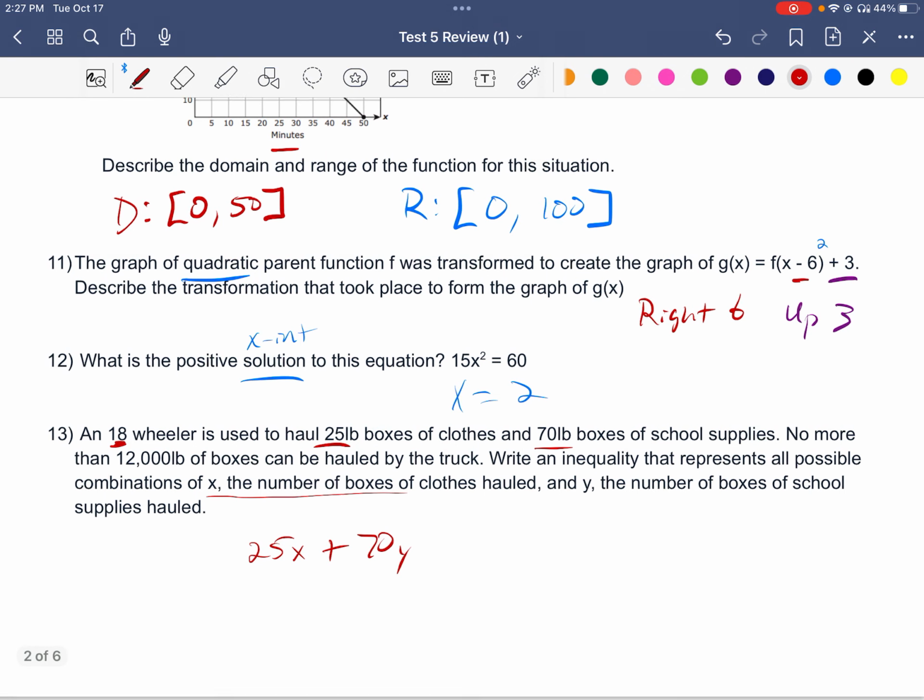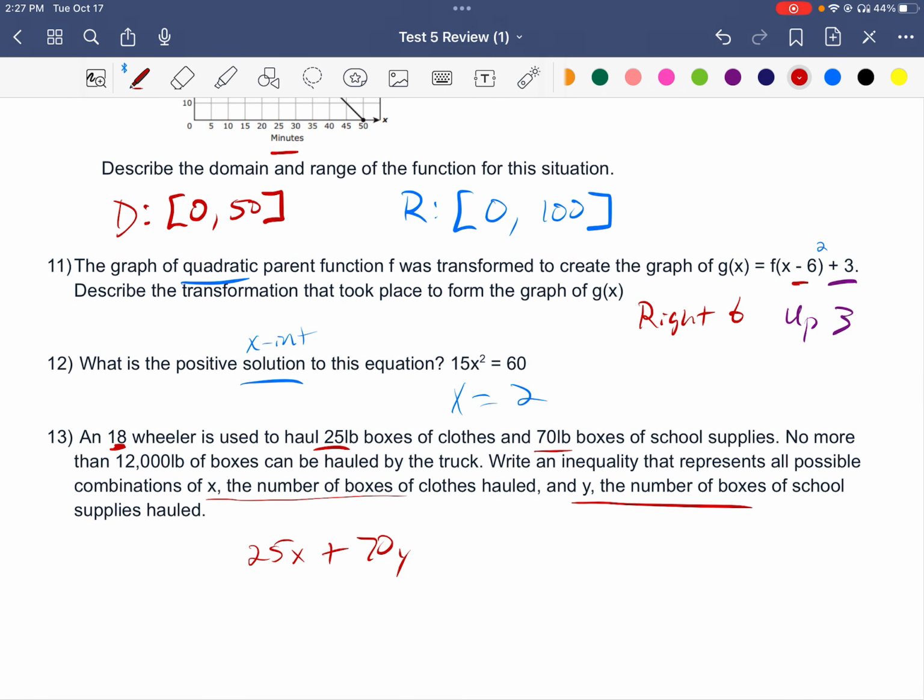That'd be 70y. It tells us y is the number of boxes of school supplies. They can't haul more than 12,000. So that weight altogether has to be less than or equal to 12,000. That's it.